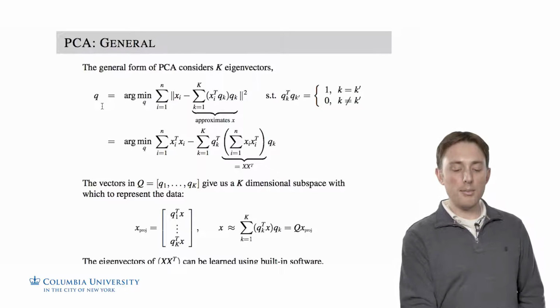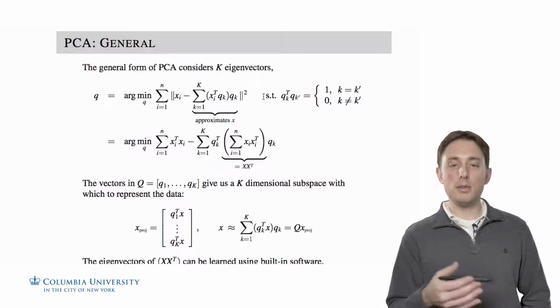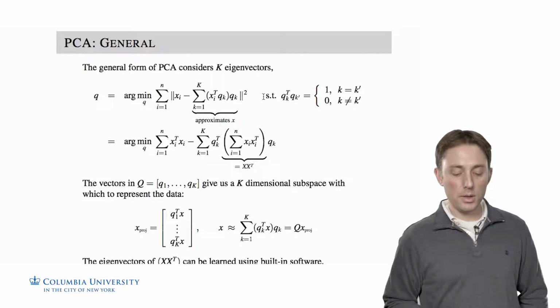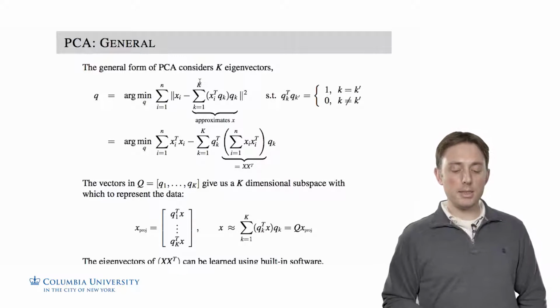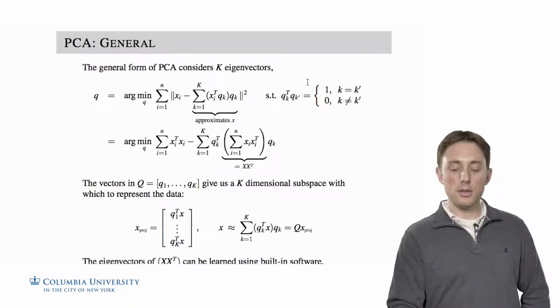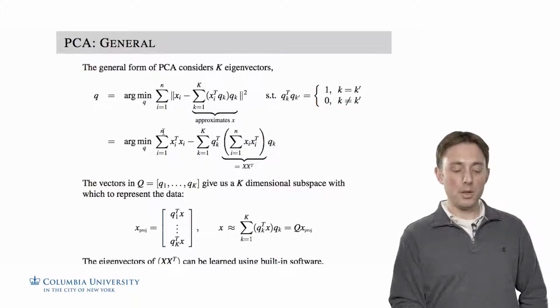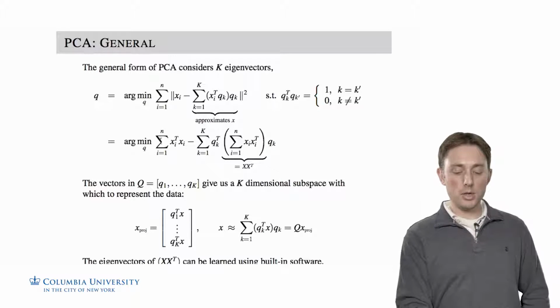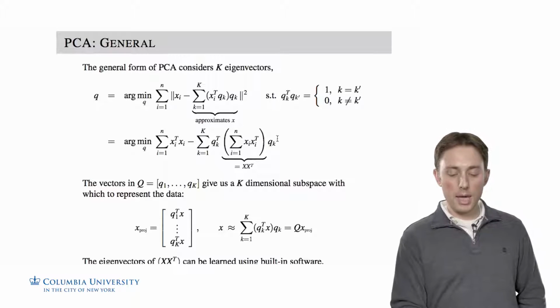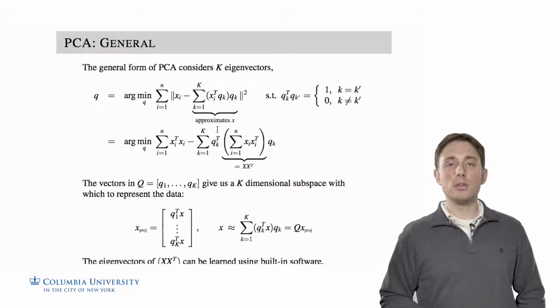Okay, so we want to minimize this now over q, over capital K different vectors for q. And again, we follow exactly the same procedure and multiply this all out. Because of this constraint on the vectors, we get some nice cancellations that give us this problem. So we want to now minimize this term, which is exactly as before, minus, and now notice that we have a sum over k different vectors this time.